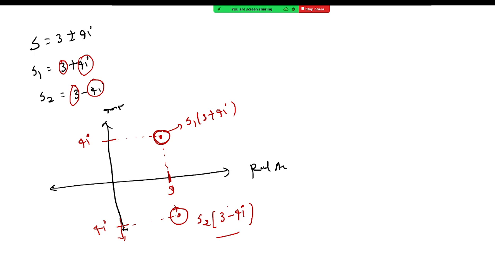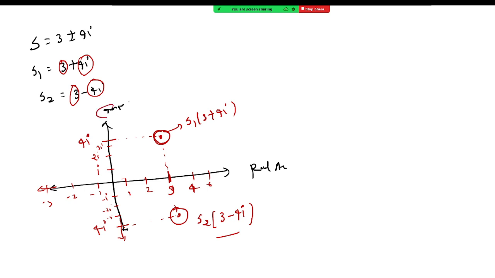Any doubt? Tell me. Here you will see 1, 2, 3, 4, 5, 6, and here it will be minus 1, minus 2, minus 3. I think you all know these things. Here it is i, here 2i, here 3i, here minus i, here minus 2i, here minus 3i.